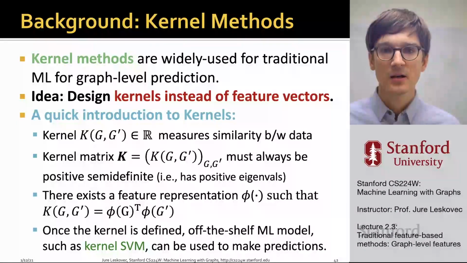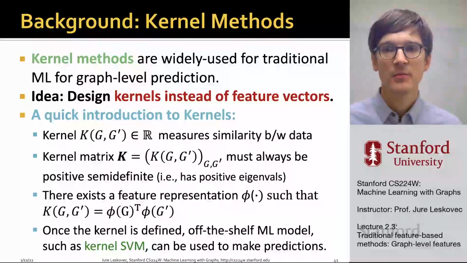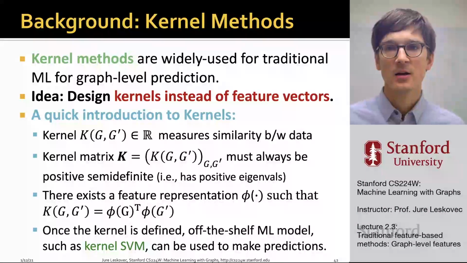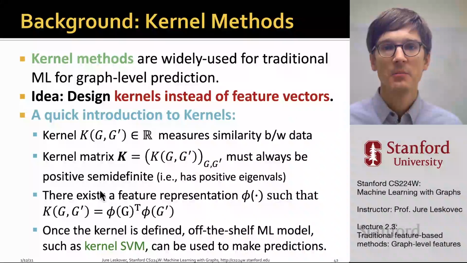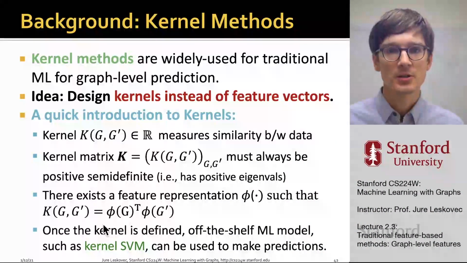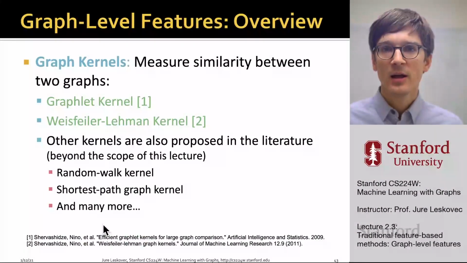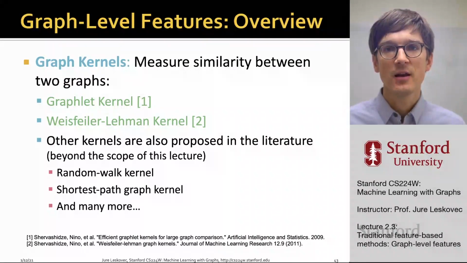And once the kernel is defined, then off-the-shelf machine learning models such as kernel support vector machines can be used to make predictions. So in this part of the lecture, we are going to discuss different graph kernels, which will allow us to measure similarity between two graphs.